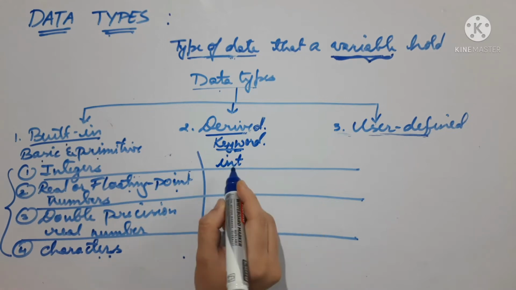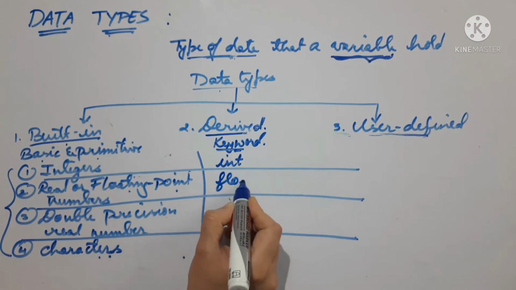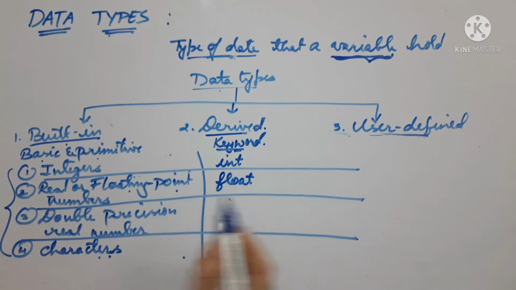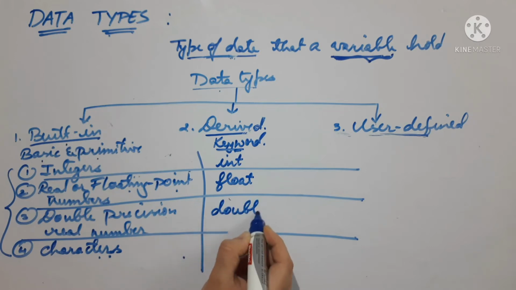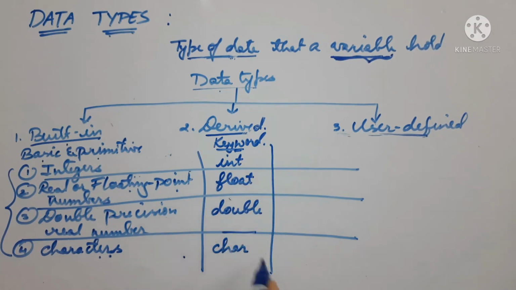This is the keyword we use. For floating point numbers, we use float. For double precision real numbers, we use double. And for characters, we use simply char. So these are the keywords we are using for different data types.